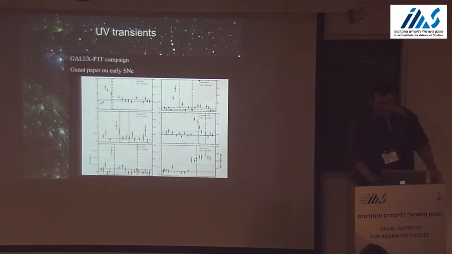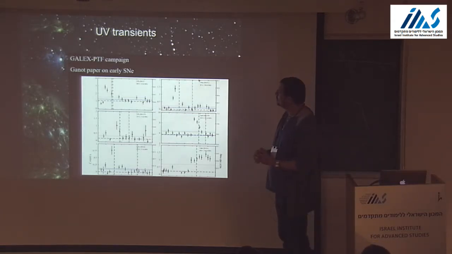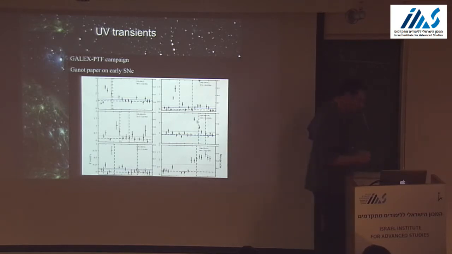Another thing we did with PTF in 2012, and this is from a paper by Ganot et al. In 2012, GALEX was basically decommissioned by NASA. And there was this strange situation where it was a perfectly good satellite that could observe in the UV, but NASA didn't want to run it anymore.